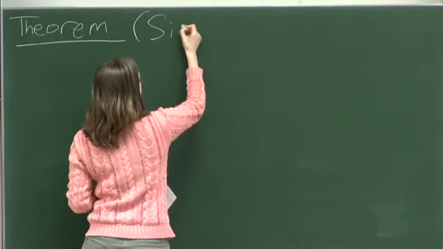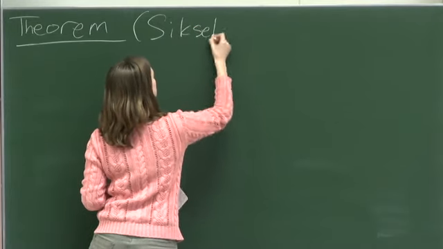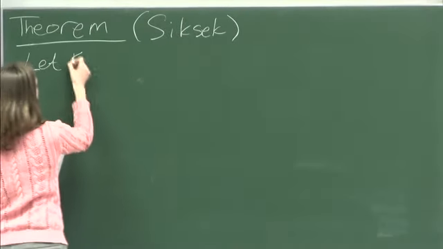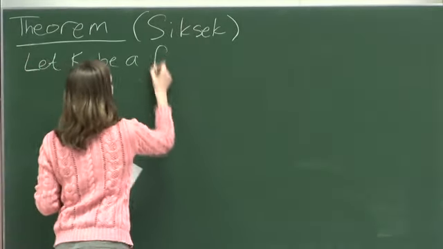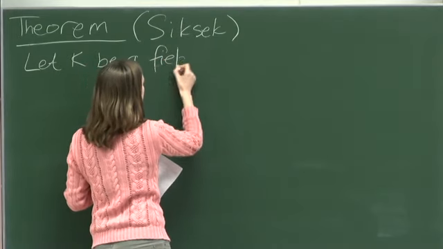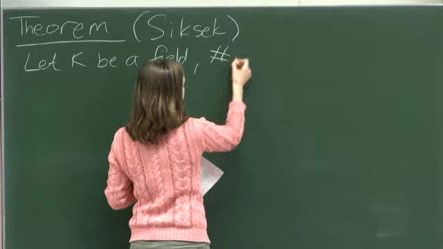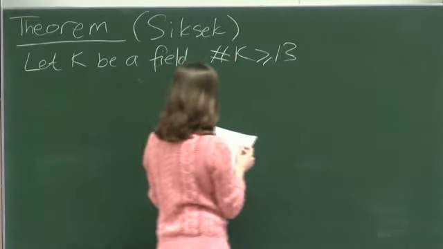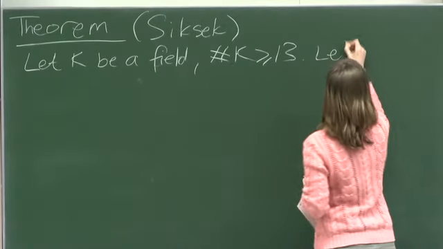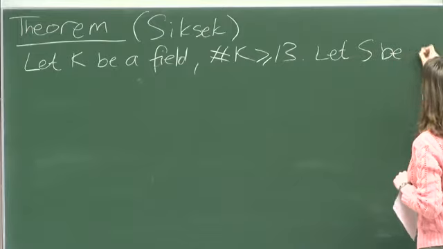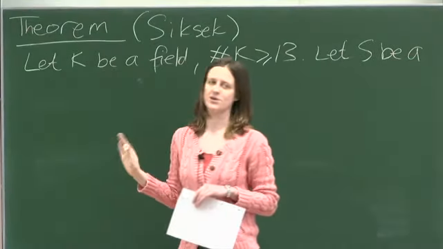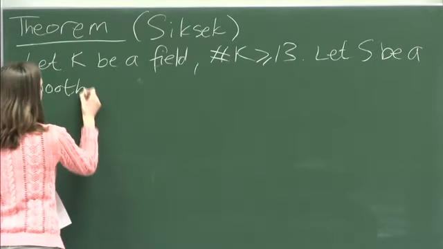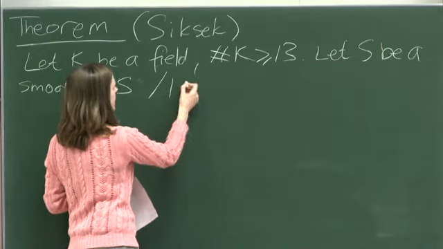Samir Siksek, which says: let K be a field with at least 13 elements, and let S be a smooth cubic surface defined over K. If I forget to say smooth at any point, everything I'm talking about is smooth.